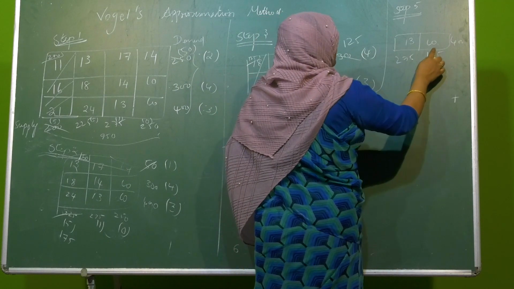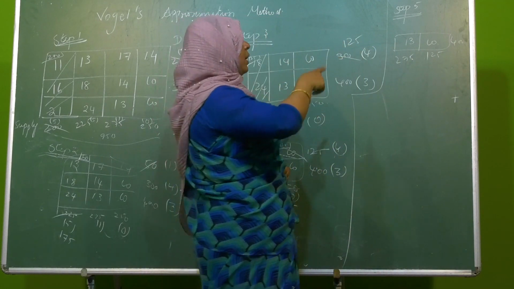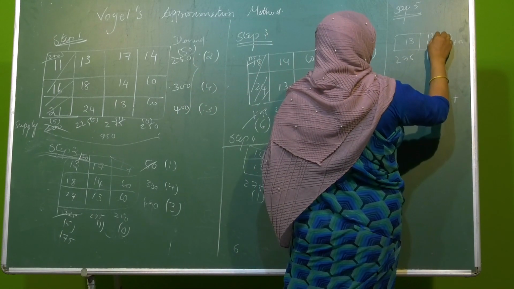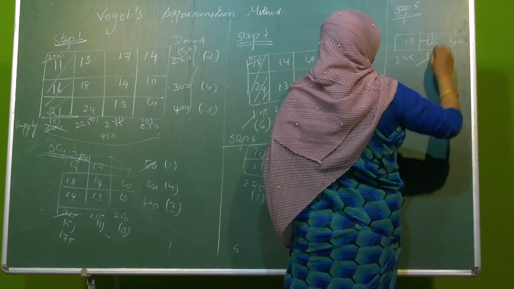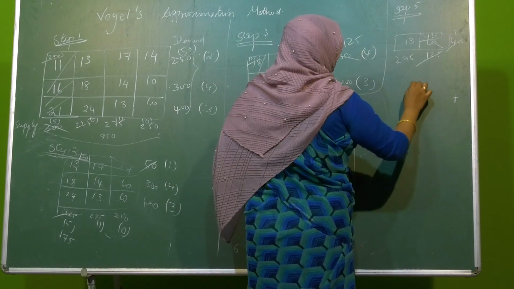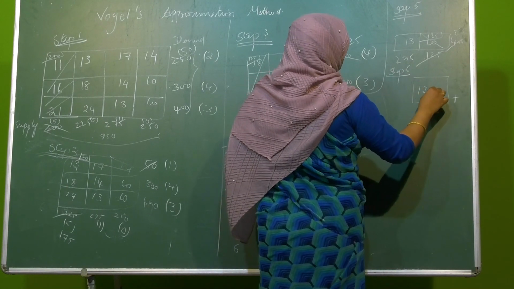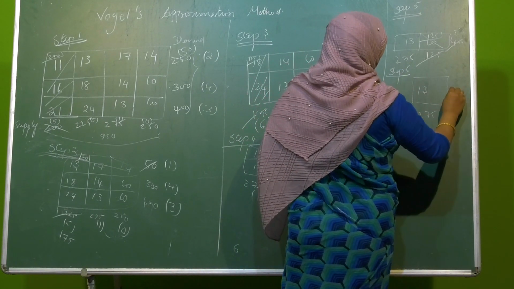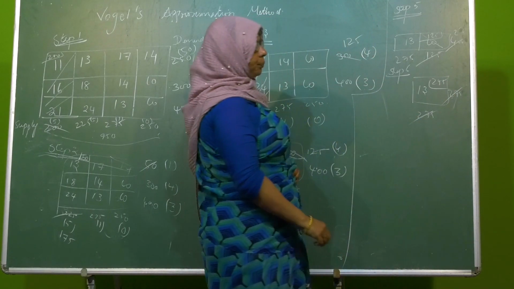Which one is the minimum element? We have to select that element only. So 10 is the minimum element. So we have to allocate 125 out of 400, remaining 275. So we eliminate this one, and in step 6 we are getting 13, 275, 275. So we have to allocate 275.